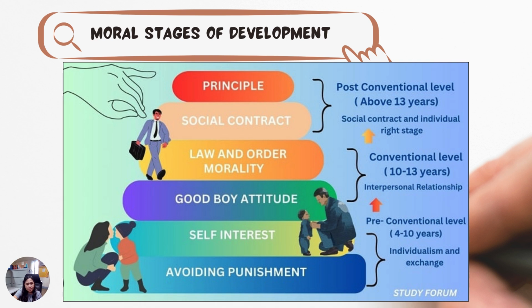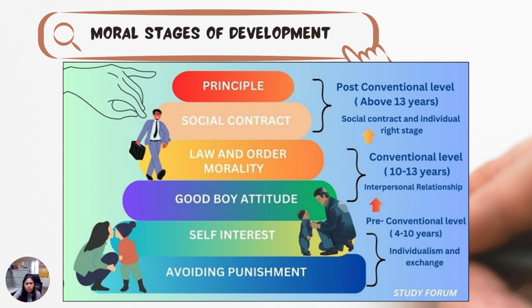There are times that we regress. When we say regress, we can go back to the earlier stages, the pre-conventional and the conventional stage. It depends on the situation and how we respond to the situation where it calls for a sense of doing what we think is right and wrong.